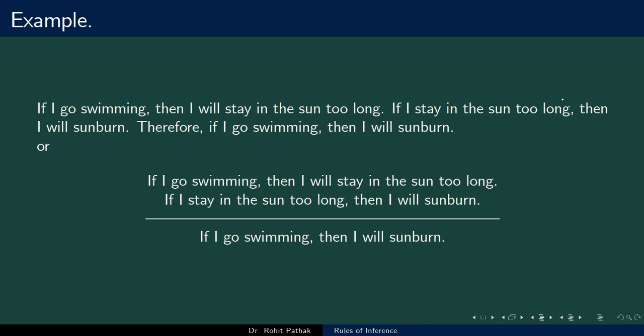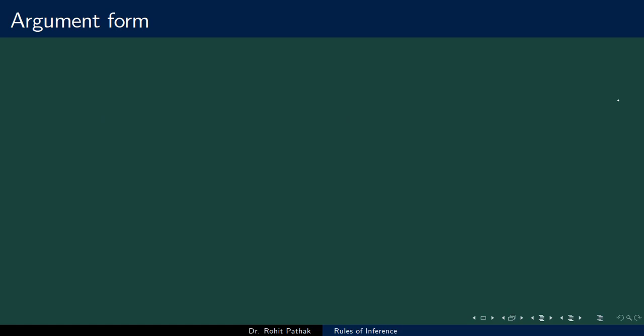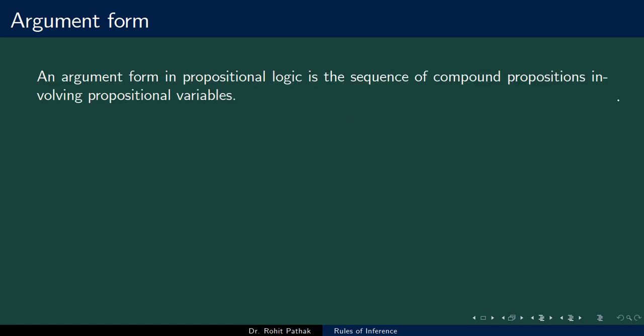Before finding the validity of an argument, we must convert this argument into symbolic form, which is also called argument form. So what is an argument form? An argument form in propositional logic is a sequence of compound propositions involving propositional variables.